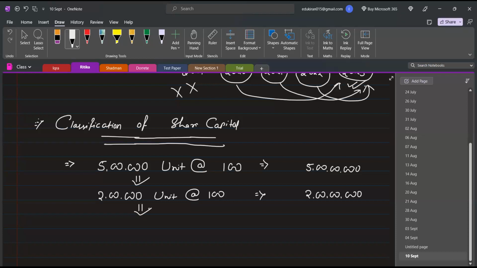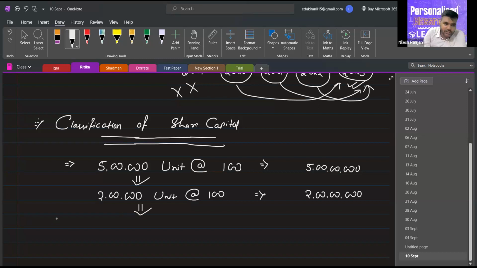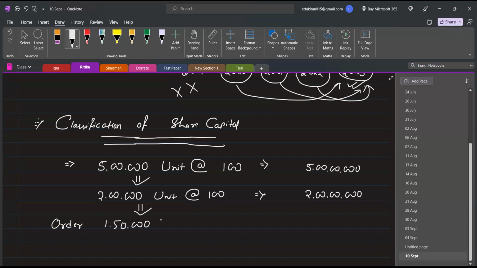Okay. So whatever the order is, let's say if the order is for 1,50,000 units, then how many units can be sold? 2 lakh or 1,50,000? Could you ask again?